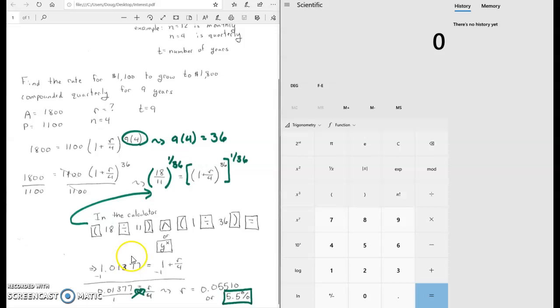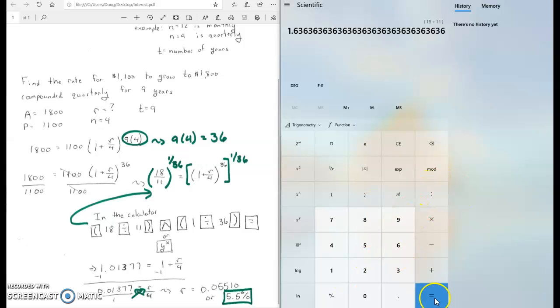Okay, so how would we do this? Well, we want to work out the left-hand part here. We're going to have to use parentheses. Then we're going to go 18, hit the divide key, 11, close the parentheses. That's that. Now we're going to hit our caret key, or if you don't have a caret key, remember caret key is this symbol right here.